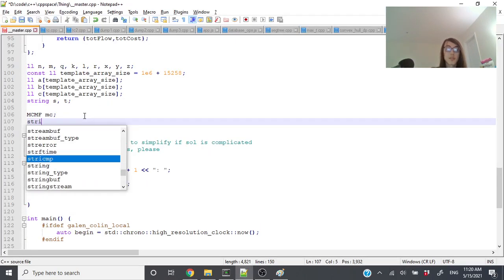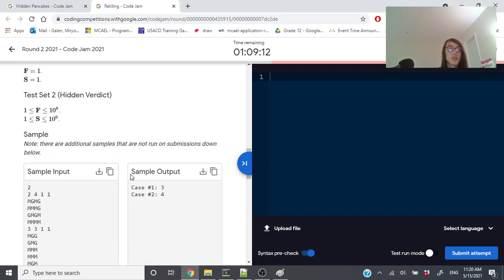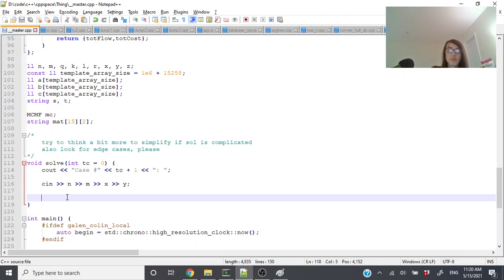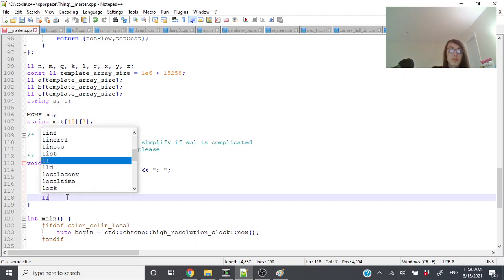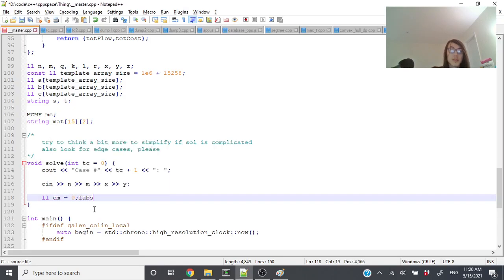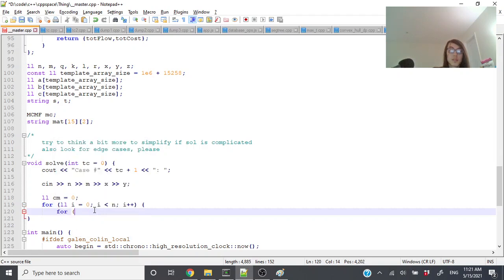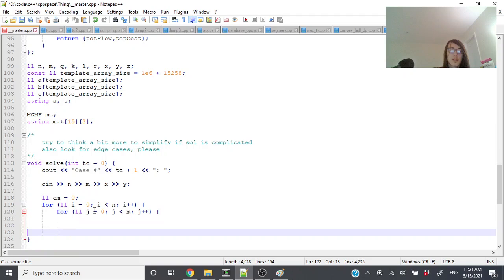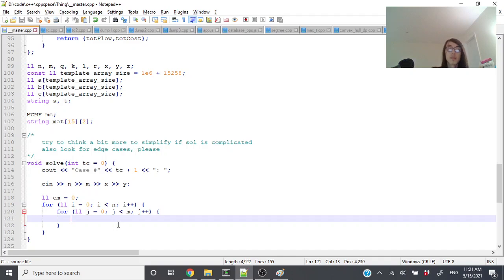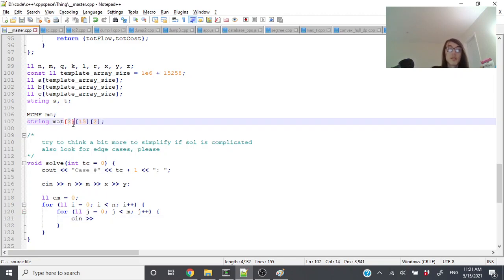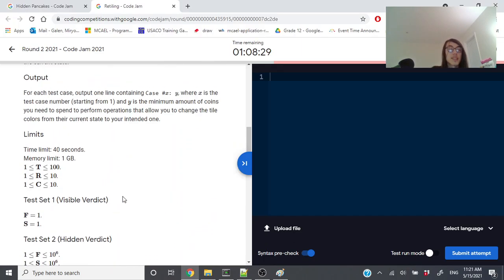Okay, so string mat, 15.2, cn. So yeah, it's all 10, so it has to be like flow.